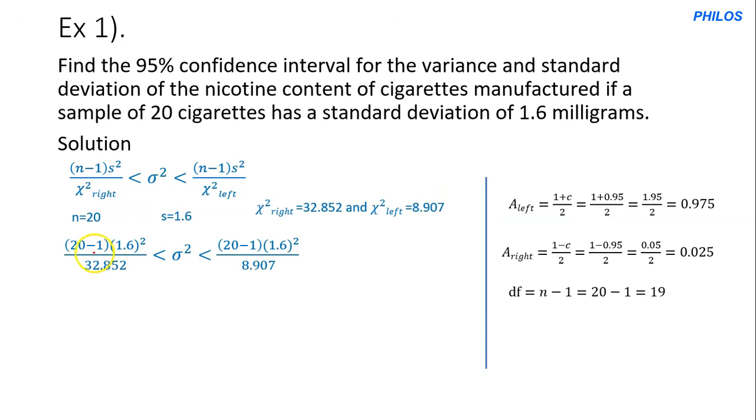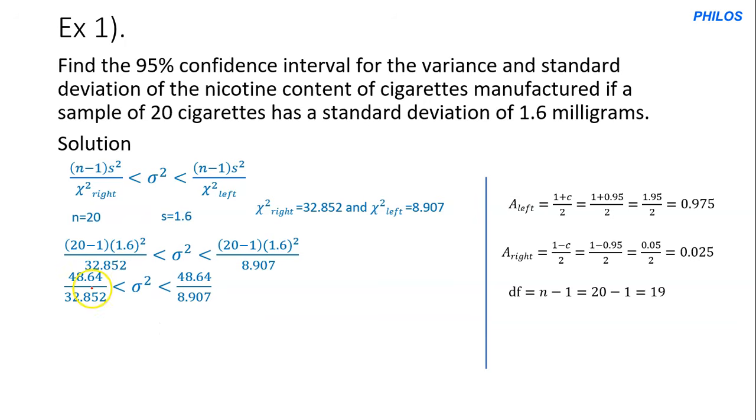So when you check 20 minus 1, that will give you 19. So 19 times 1.6 squared should give you 48.64. So you are going to have 48.64 divided by 32.852 less than population variance less than 48.64 divided by 8.907, since the numerators are the same.